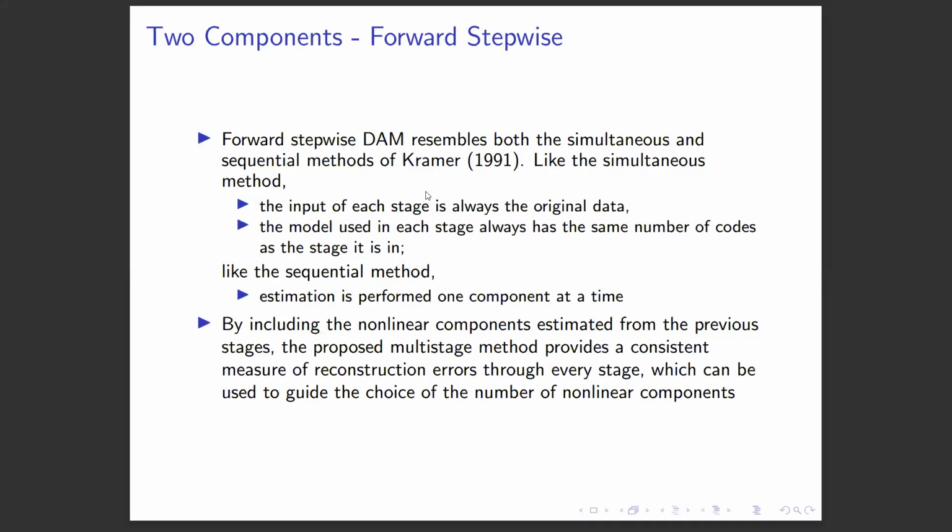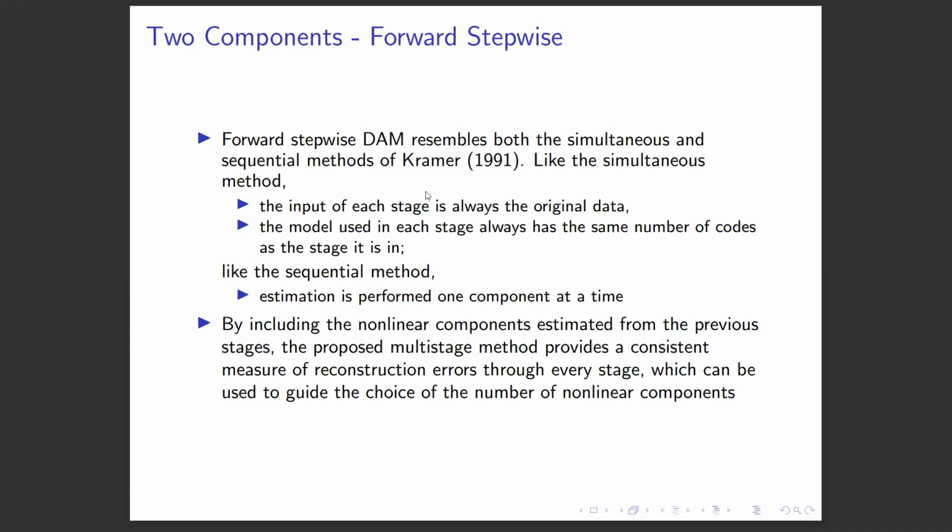So this kind of scheme has some features of the simultaneous model and some features of the sequential model. Like the simultaneous model, we do it stage by stage, and the input of every stage is always the original data. In a sequential method, the input of the stage is the residual from the previous stage.